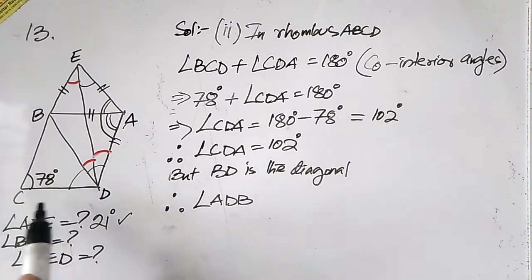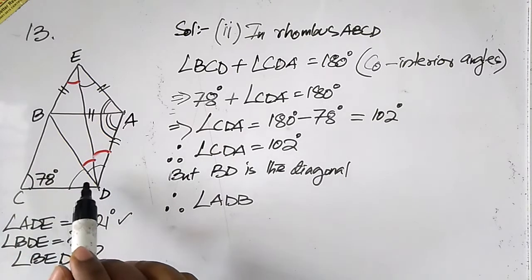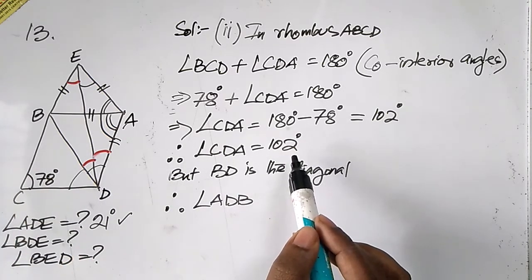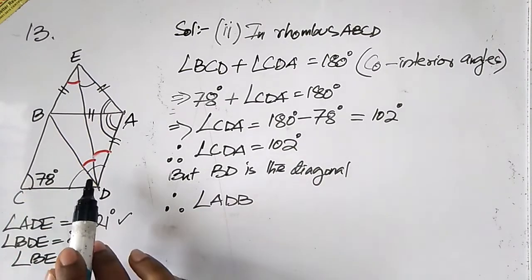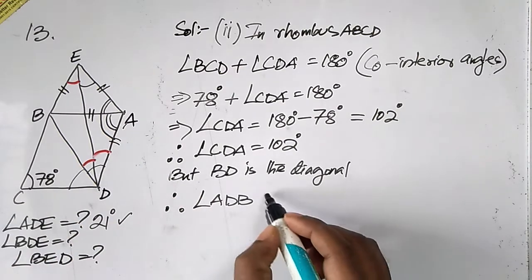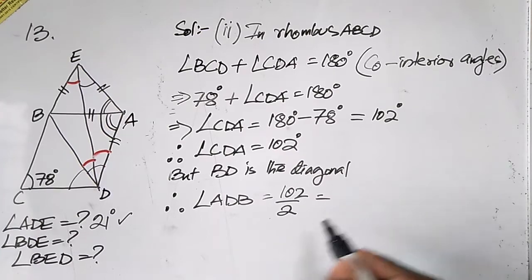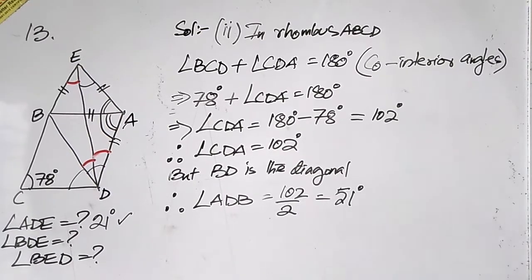When we add CDB plus ADB, we will be getting 102 degrees, right? So angle ADB is half of CDA, and to get that we'll divide it by 2. And when we divide it by 2, how much will we get? 2 5s are 10 and 2 1s are 2. 51 degrees.